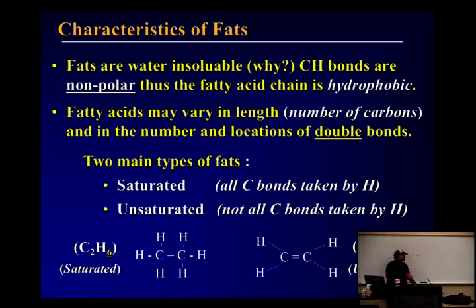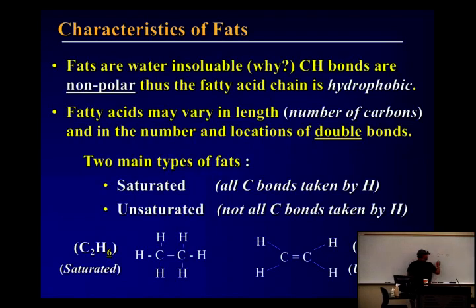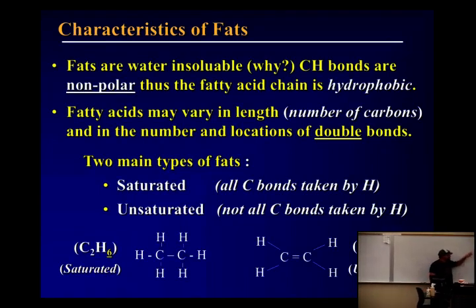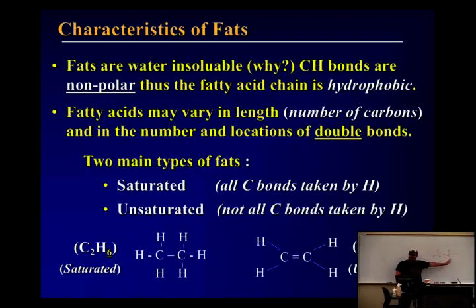2 carbons. How many hydrogens can I load on that thing? Why can't I put more than that? Right, what's the maximum number of bonds carbon can make? 4. So that's got 4. I can't legally add any more hydrogens to that.